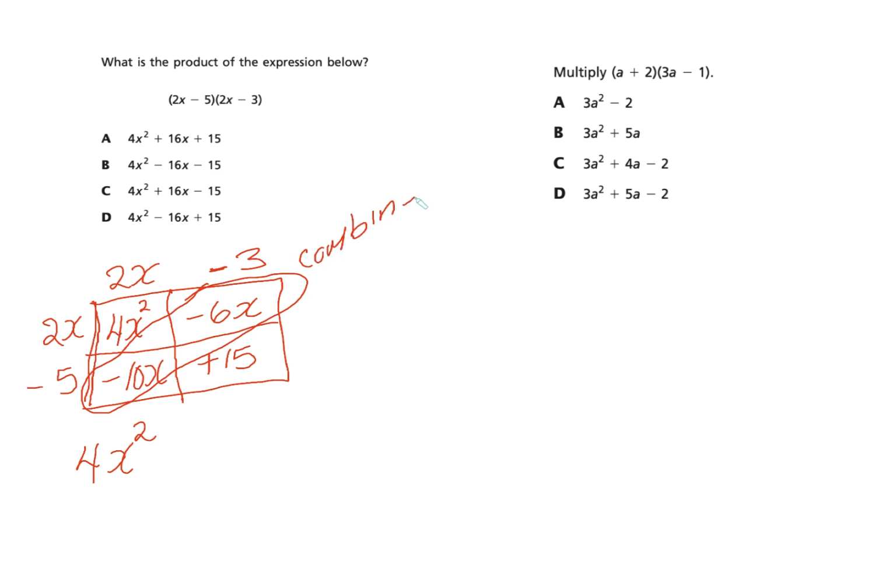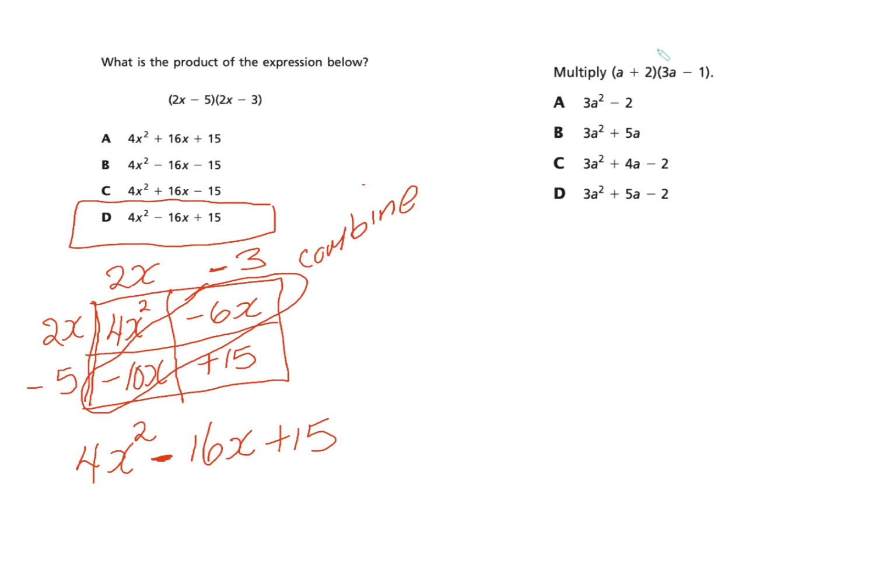And combine means to add. And when the signs are the same, we add, so the 10 and the 6 would give us 16x. Keep the sign of the larger number, so it's going to be a negative. And then my last term right here, which we didn't use, is just plus 15. So we always keep the first term and the last term and combine the middle term. So our answer is 4x squared minus 16x plus 15, which is D.